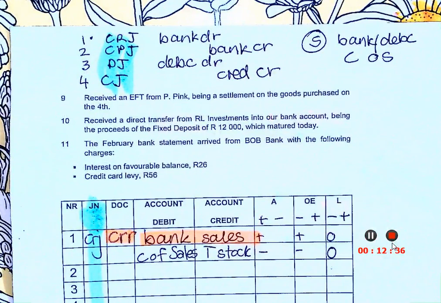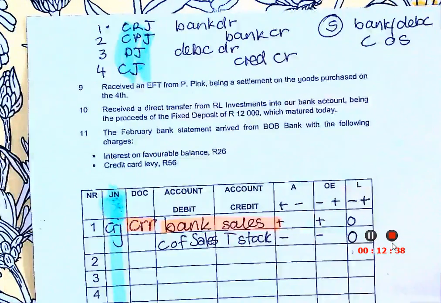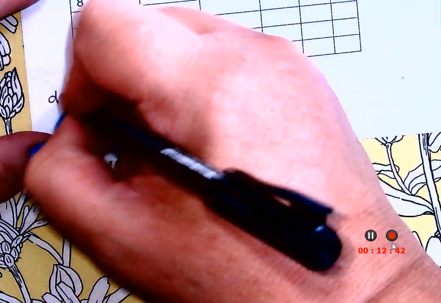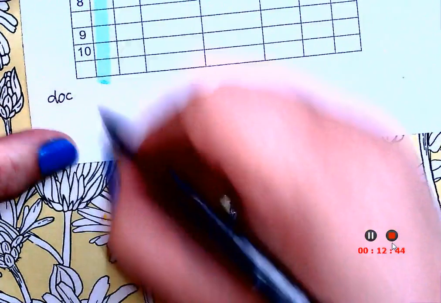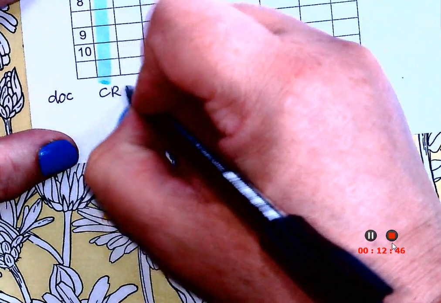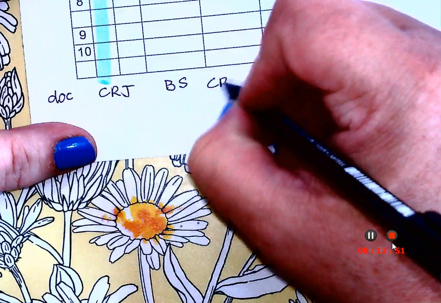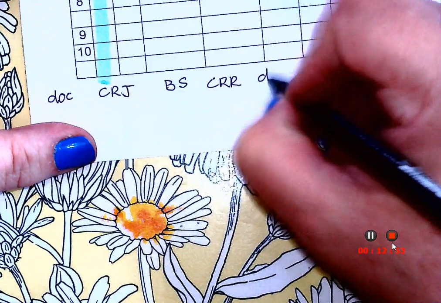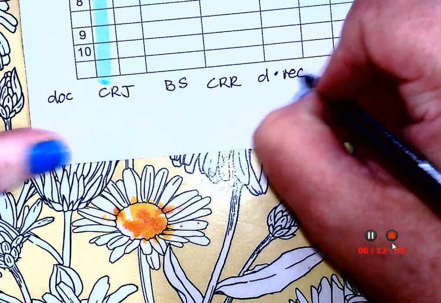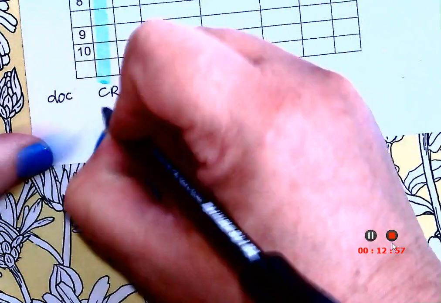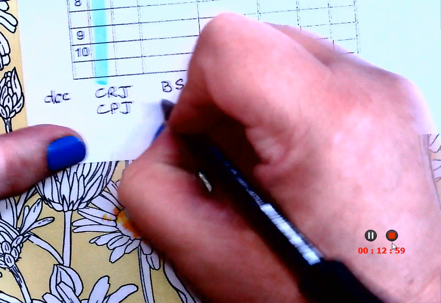Your documents. Let's quickly make a summary. Your docs is easy like this. CRJ can be bank statement, CRR, duplicate receipt. Your CPJ is always bank statement.